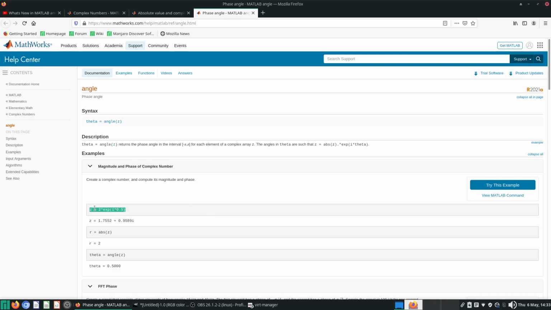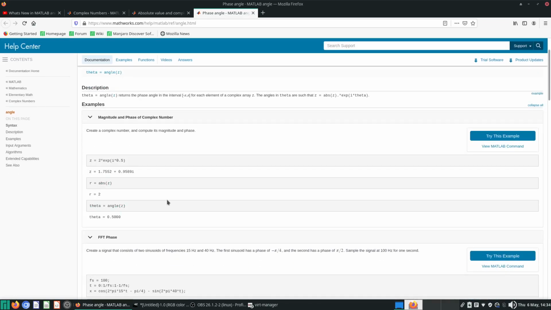For example, you have a complex number in exponential form here. r equals the absolute value of z, which is this complex number. z equals e to the i theta, and theta is 0.5. If you want to get theta, you just type angle of z, and you'll get the angle of the complex number.